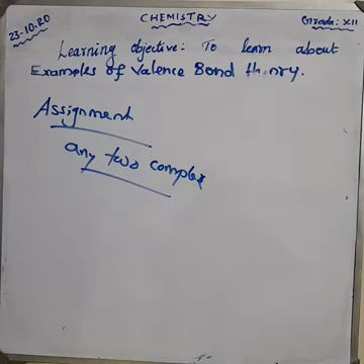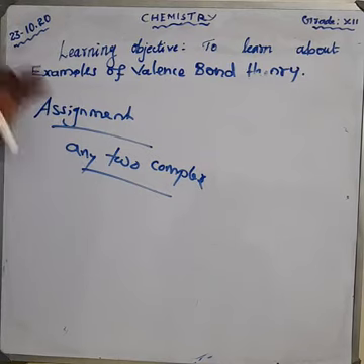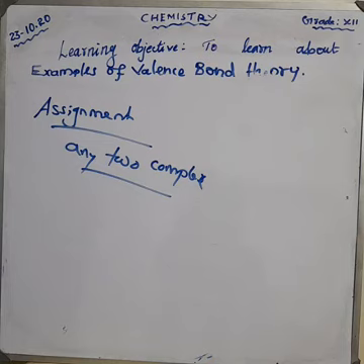For example, what are the complexes? First one, Ni(CO)4. Next one is Ni(CN)4 2 minus. Next one is Fe(CN)6 3 minus. Next one is CoF6 3 minus. These are the four examples. You should write any two of the complexes.